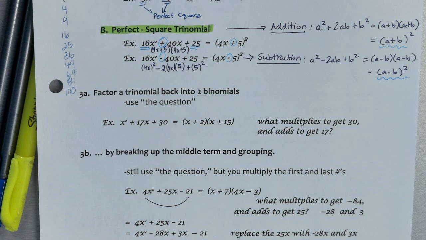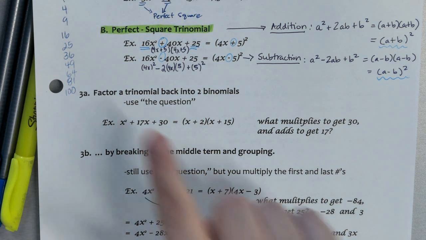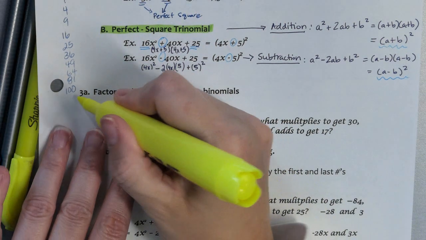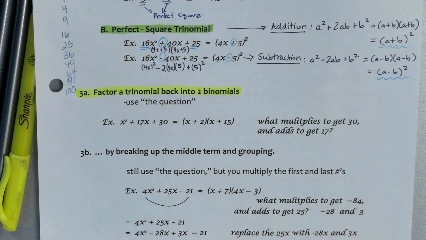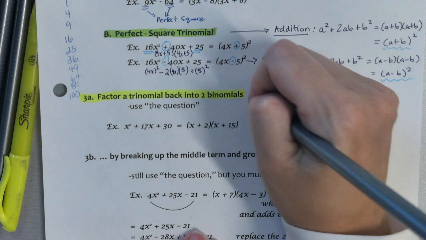Okay, today we are going to only go to 3a, which is factoring the trinomial back into 2 binomials. So remember I said this is your guess and your check.